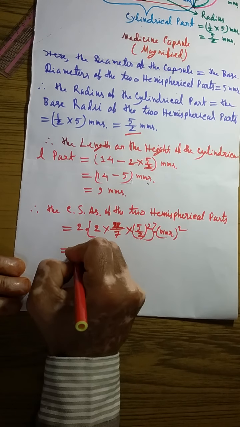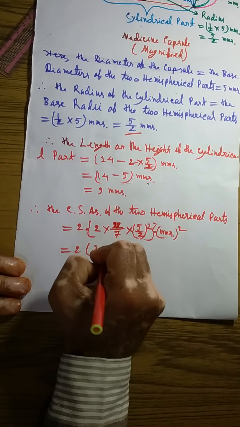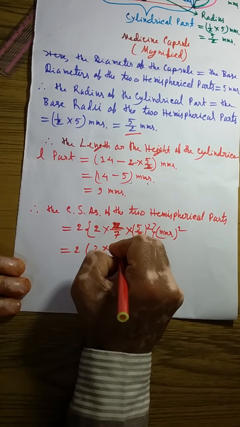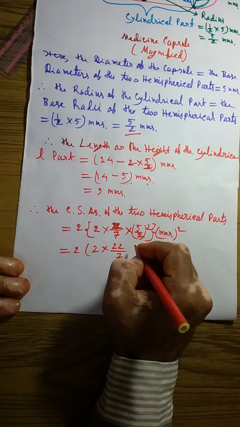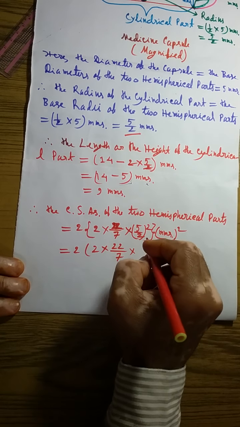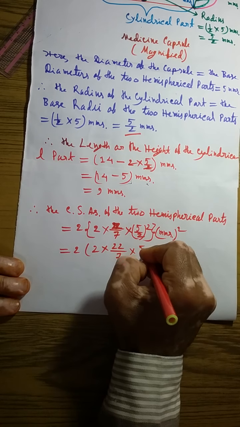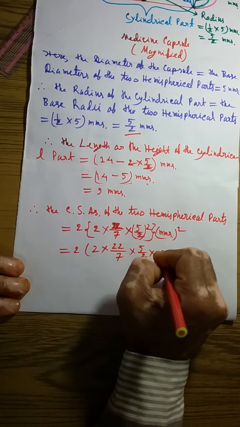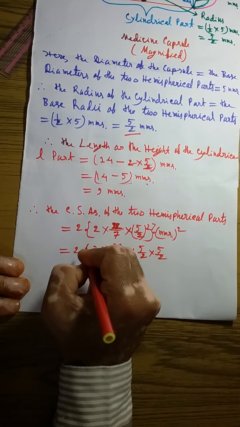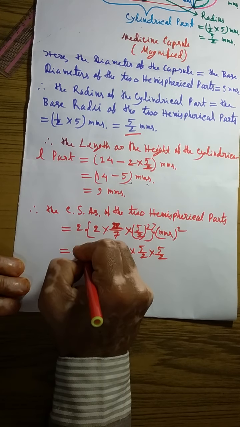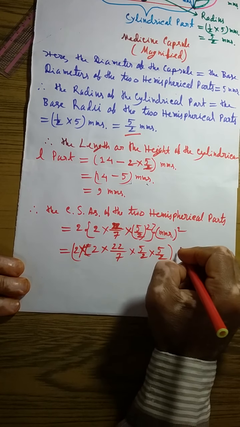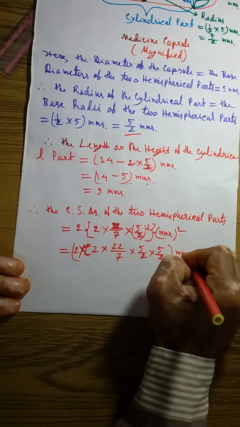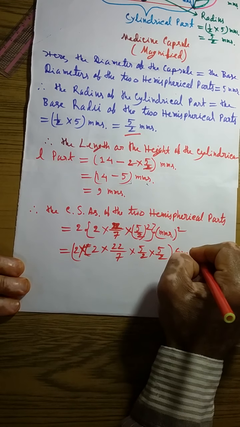which is again equal to 2 into 22 by 7 into 5 by 2 into 5 by 2 millimeters whole square.